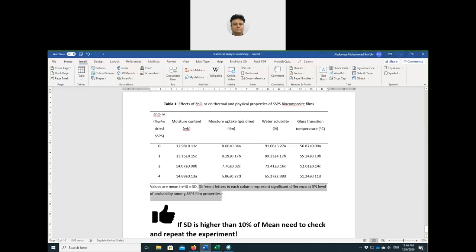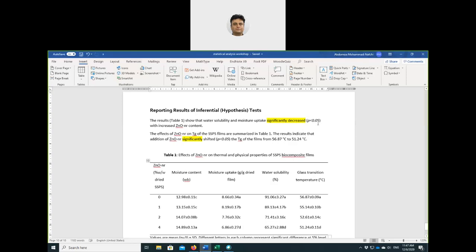This is the inferential statistics, meaning different letters in each column. It means that I measure each column separately, so I am not going to measure all columns together. Each column represents significant difference at 5 percent level of probability, which means 0.05.